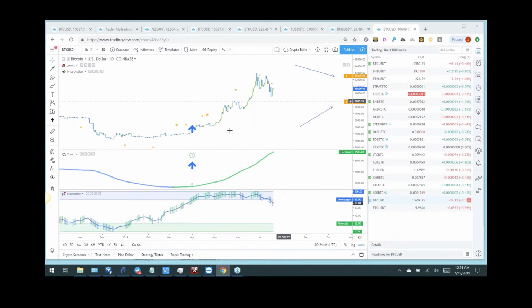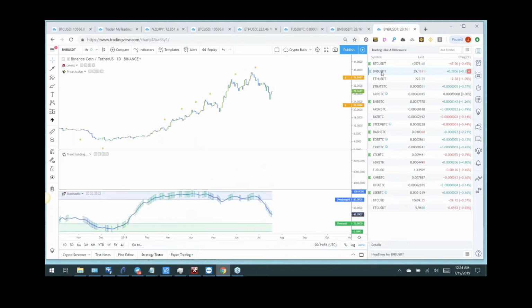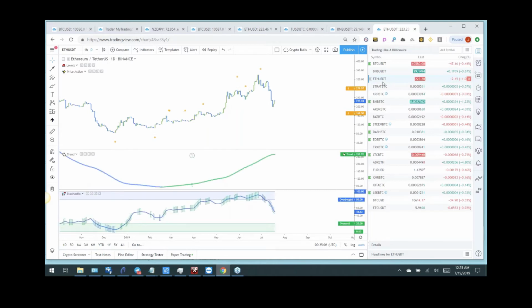Bitcoin is a little bit on its way, so we can always look for another market that could be setting up, which is this, Binance Coin, which you have a limited time to trade. And Ethereum had a really good trade, and this is also pulling back.